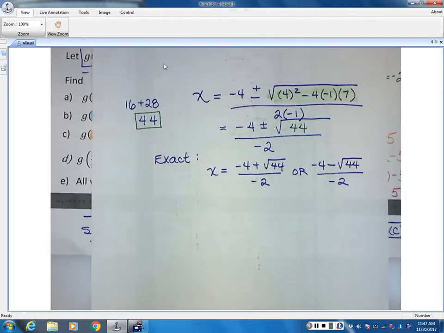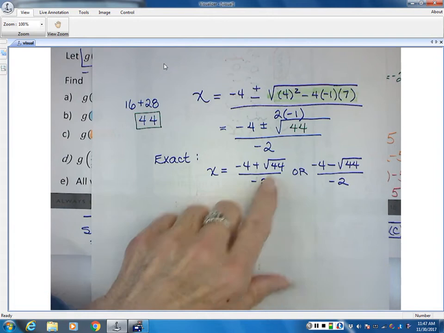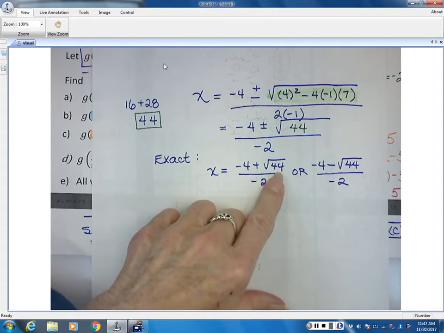Now, I don't know if they taught you this in 1100 or not. It's been a while since I taught 1100, but one of the things that sometimes my math lab expects you to do is called simplify the radical. Pull the 4 out.